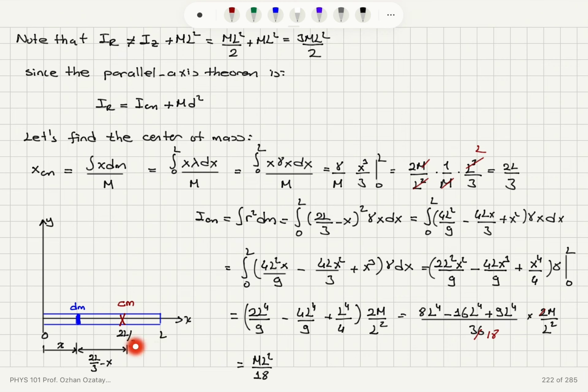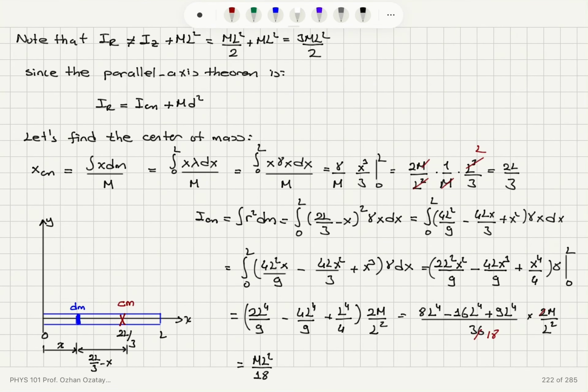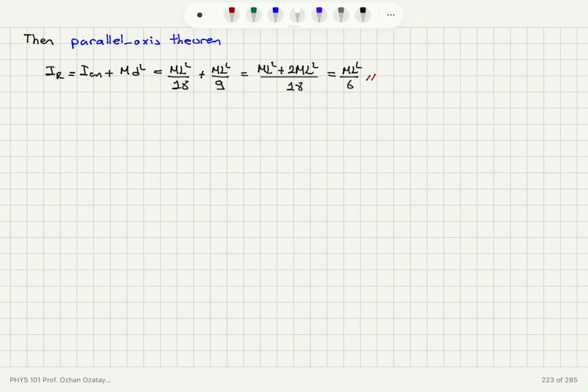I notice that the distance between the two rotation axes is L over 3, so mL squared over 18 is what I find for the center of mass moment of inertia, by noting that the distance between mass elements and the center of mass is 2L over 3 minus x, as x goes from 0 to L. And I center of mass plus md squared, where d is L over 3, indeed gives me the same answer I found in part C.